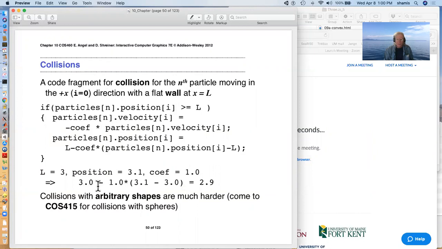Collisions with arbitrary shapes are much, much harder. In 415, I do collisions with spheres. Unity doesn't let you collide with arbitrary meshes because it's too hard, so they make you use a convex shrink wrap as your shape. That's a little bit easier, but that's the kind of stuff.